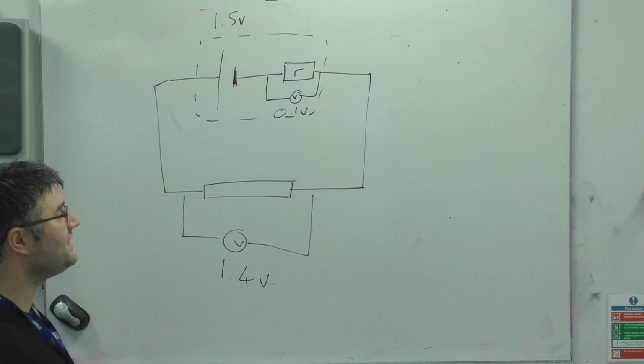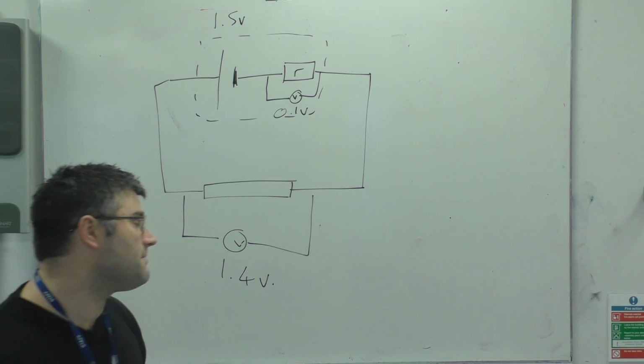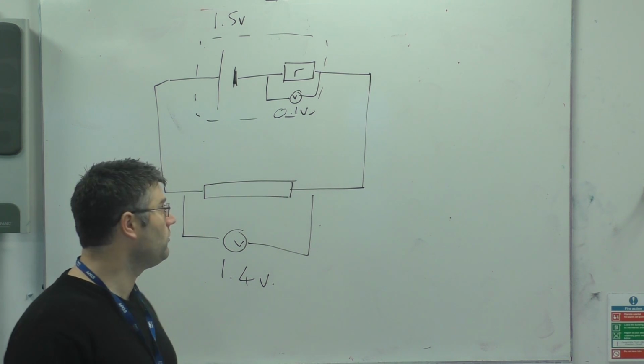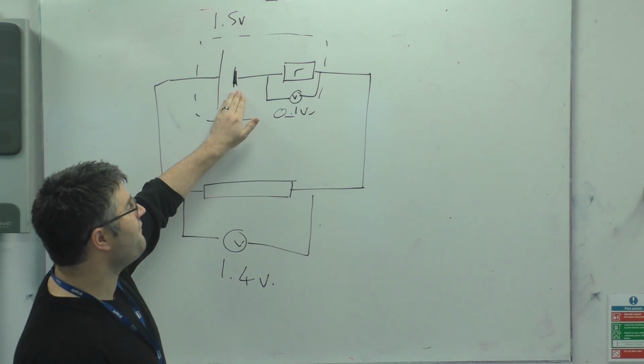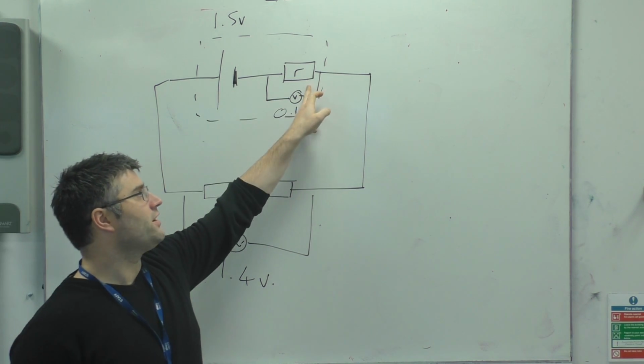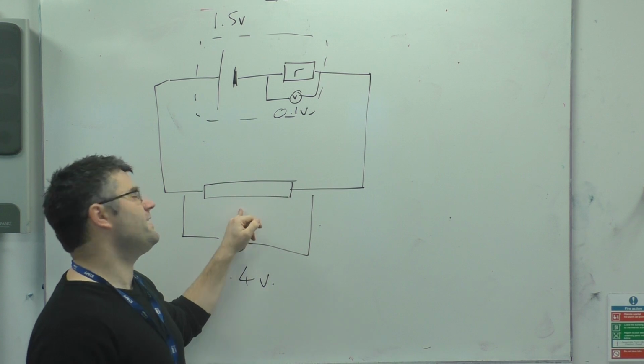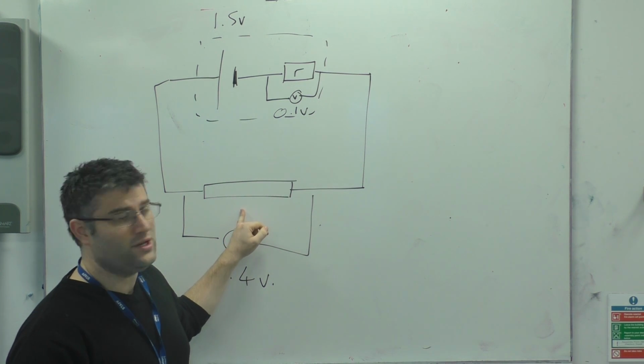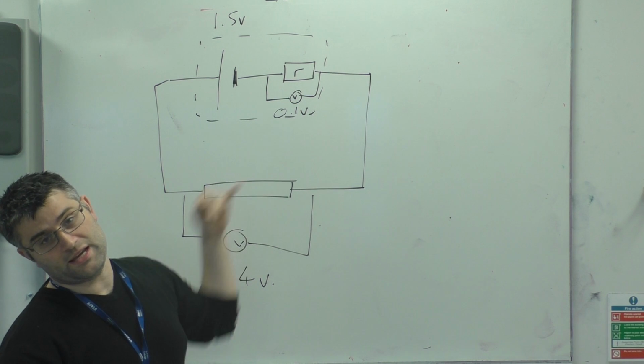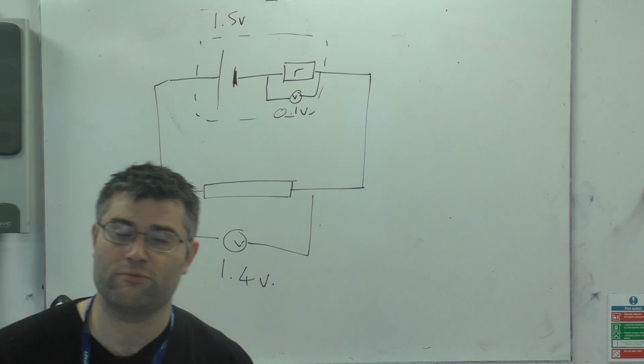So in this case, really, like I said before, it's just a simple understanding of Kirchhoff's second law. The fact that we've got an EMF, and actually we've got an internal resistor and an external resistor, which are causing PDs, have PDs across each of them respectively.